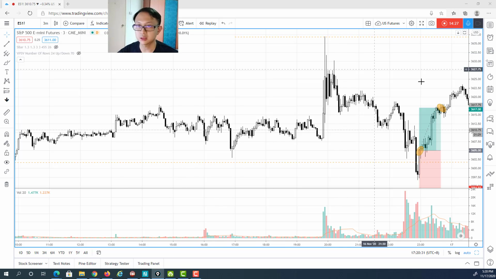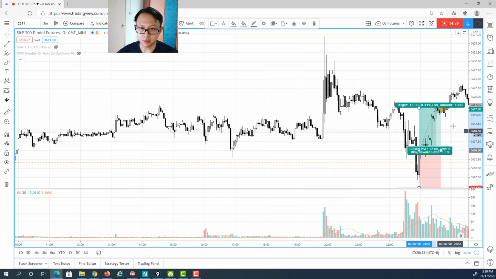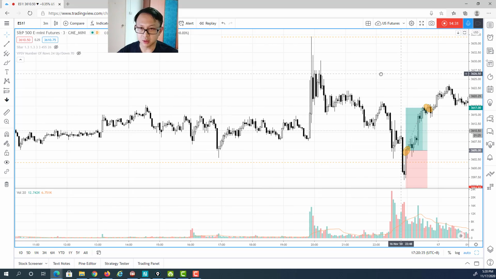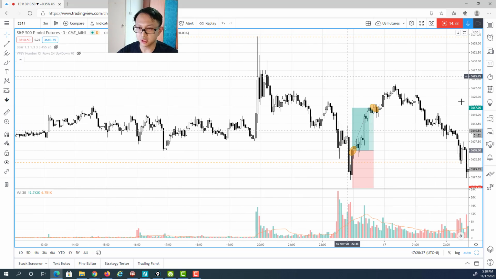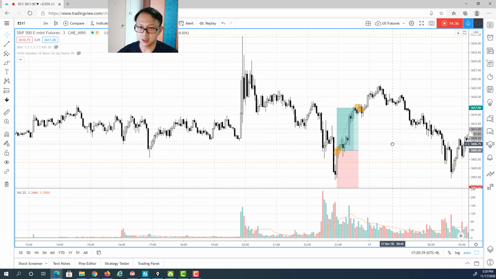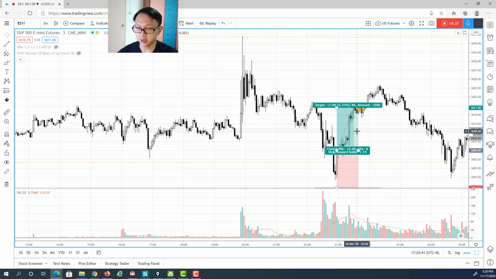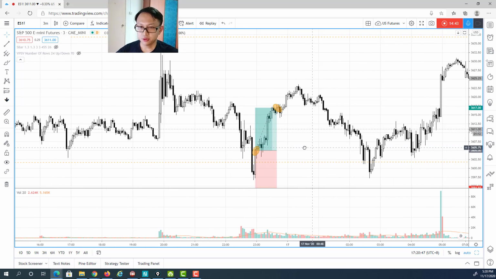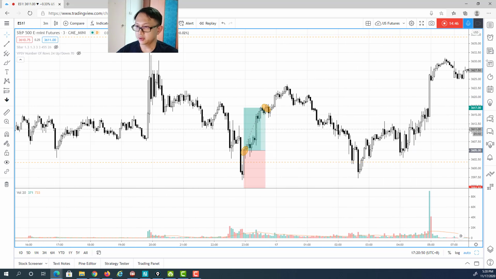And I think going forward, there should be plenty of trading opportunities. So I just want to take every trade that I can as a valid trade. Subsequently, you can see that there isn't much follow through.